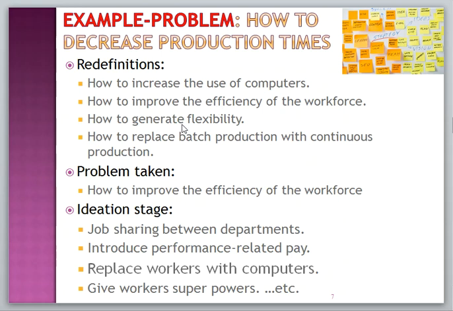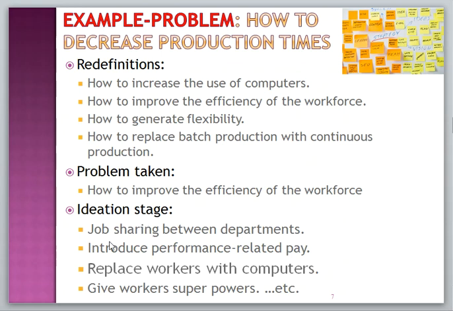So people sitting in this brainstorming session thought that the problem is in the workforce, not in computers, and not in flexibility, or in the production system we used. Then after making a decision about what the problem is exactly, now we go to the brainstorming, the ideation stage.